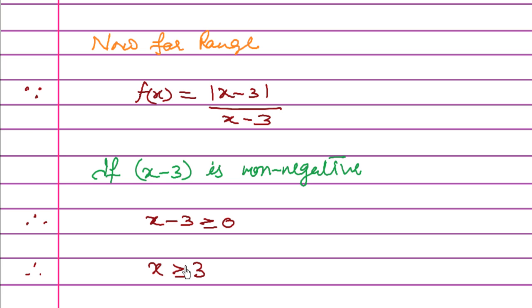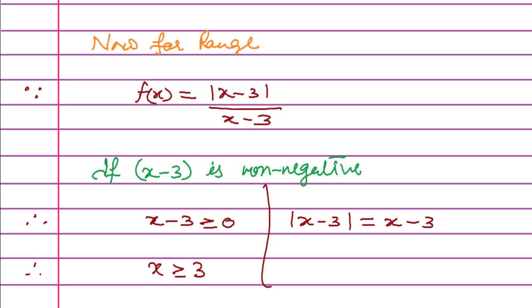Here mod of x minus 3 is equal to x minus 3, which is positive.